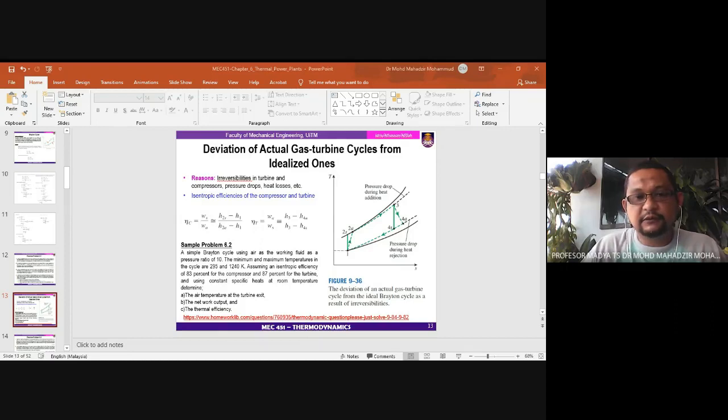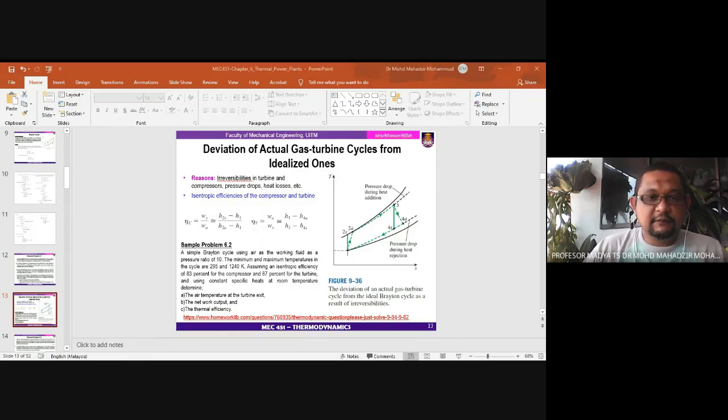You have to put the actual value. Why? Because the question has given you the efficiency of the turbine and compressor. So put the actual value in the equations, then lastly you will get the net work based on the actual values of temperature at 4 and temperature at 2.